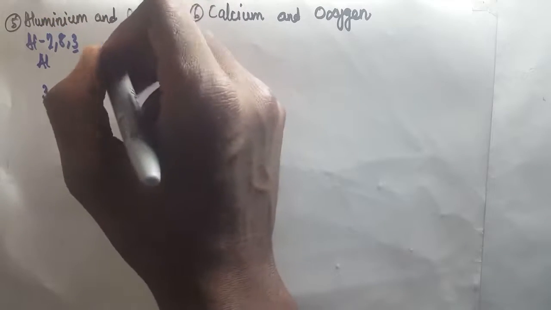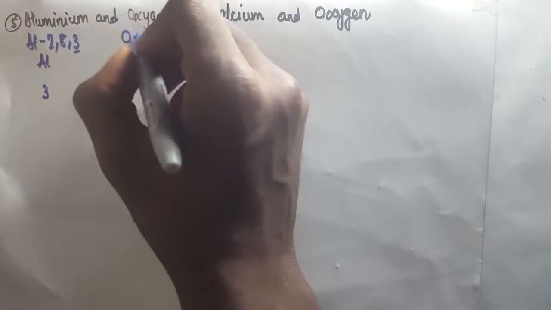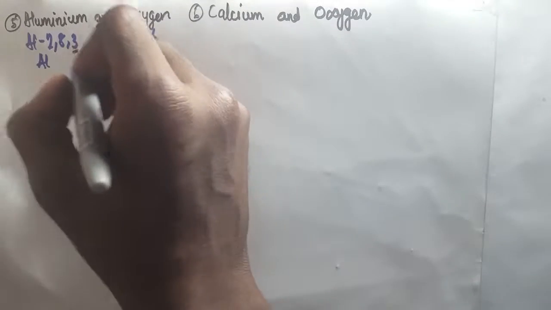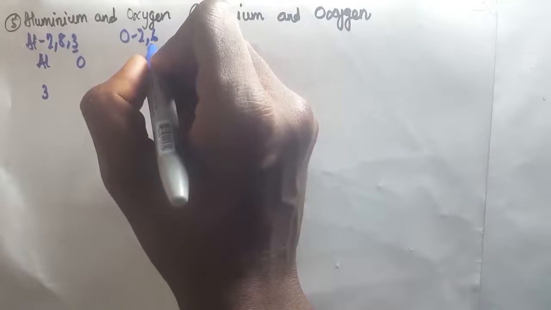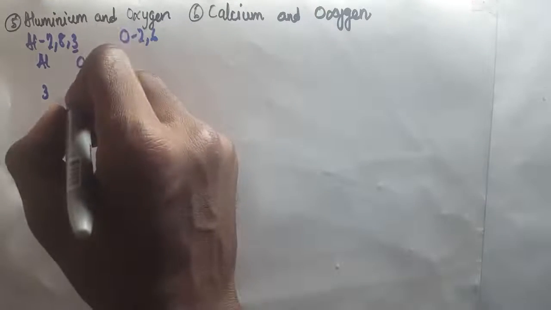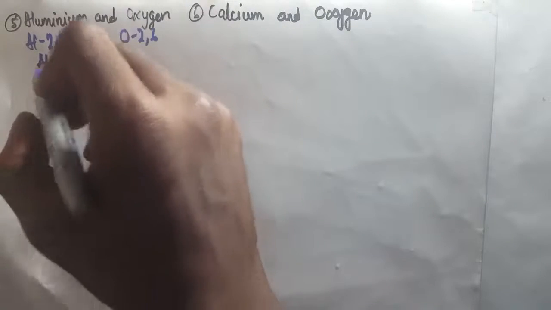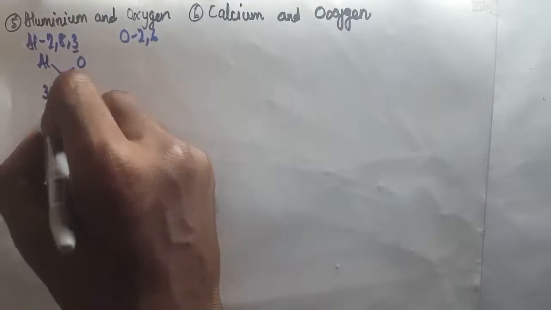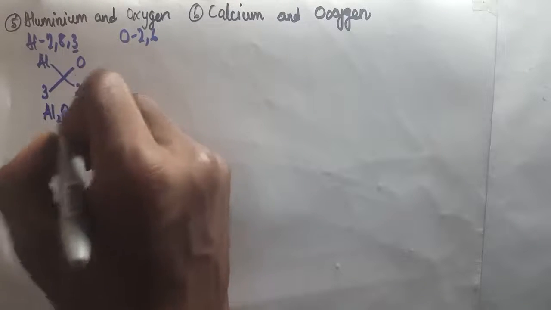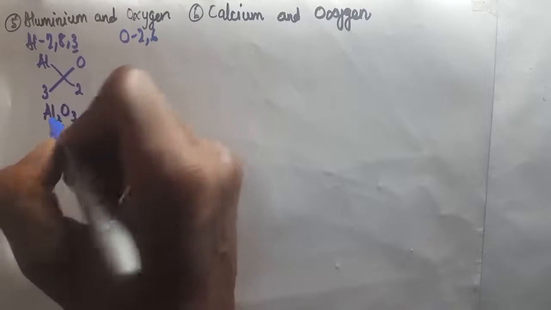Oxygen we know is 8, 2, 6. So oxygen is going to gain 2 electrons, so it's going to be 2. So we exchange. We have Al2O3. So we have aluminium oxide.